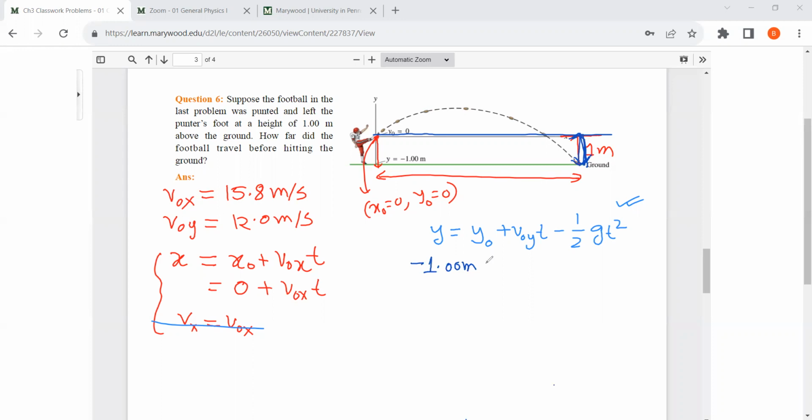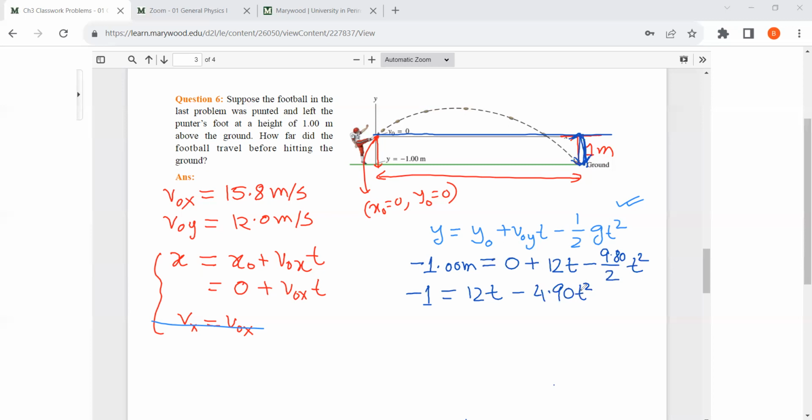And y0 is 0, v0y is 12, and the gravitational acceleration is 9.80. So 9.80 divided by 2 times t squared. So what we have here is -1 equals 12t minus 4.90 t squared.